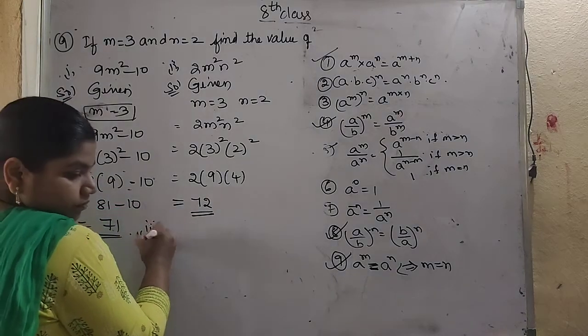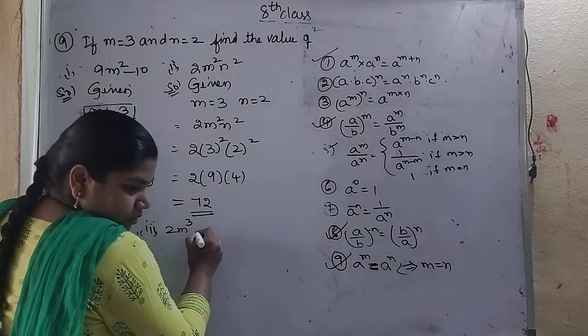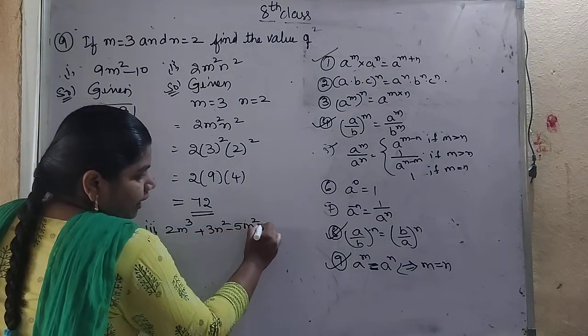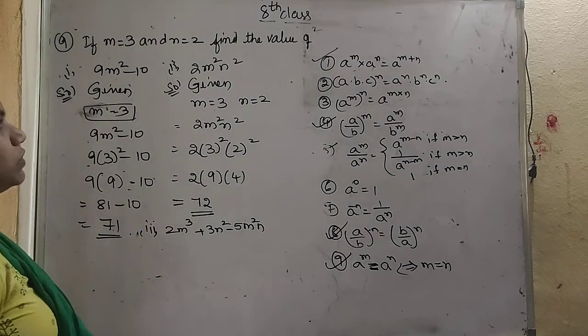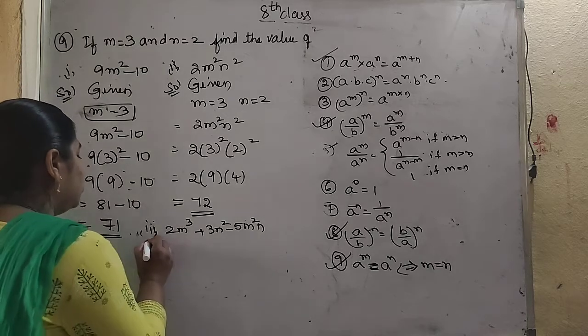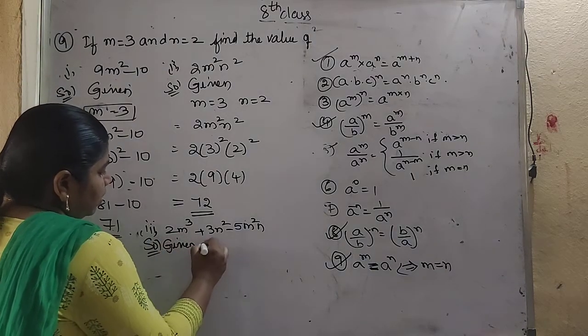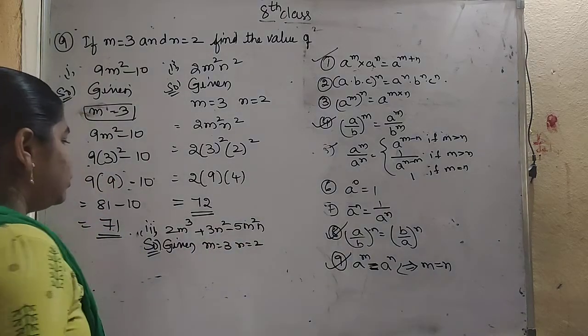And third one, 2m cube plus 3n square minus 5m square n. So in place of m we have to substitute 3, and in place of n we have to substitute 2. So here given m is equals to 3, n is equals to 2. So what is the expression?